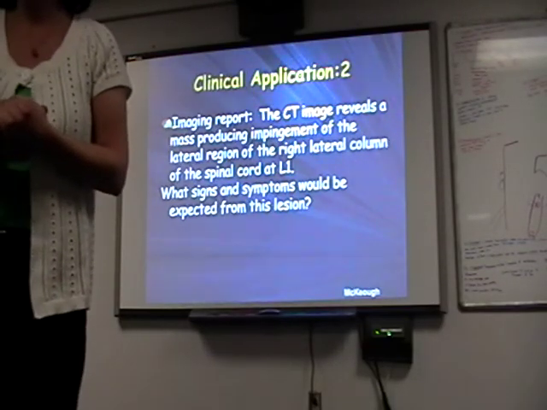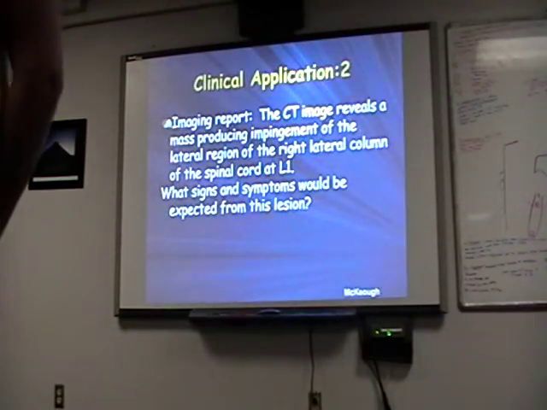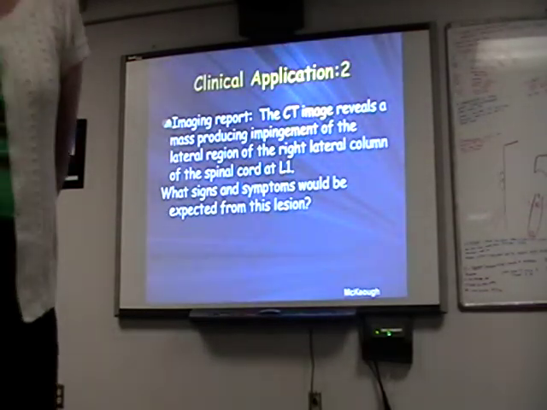So basically everything below L1, what are we going to see on the right? I heard hypo and hyper. Lateral corticospinal tracts. Are these upper motor neurons or are these lower motor neurons? Upper motor neurons.